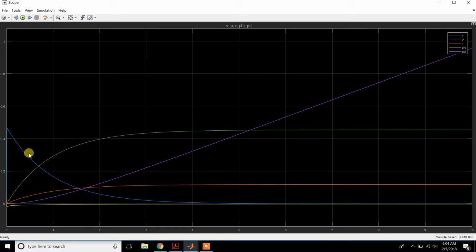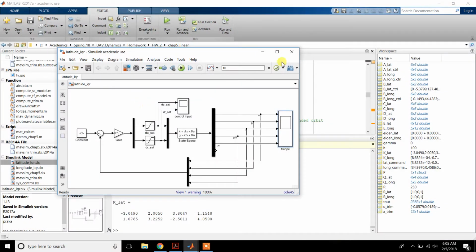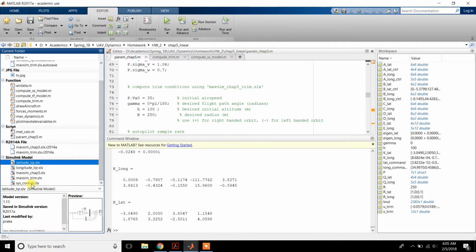We see psi, the heading angle, increasing, and phi, the roll angle, settles to some value, and the roll rate drastically reduces to 0. All the other components on the side, and the side velocity as well, go to 0. So this works fairly well in the linear model. Let's see how it works on the nonlinear model.